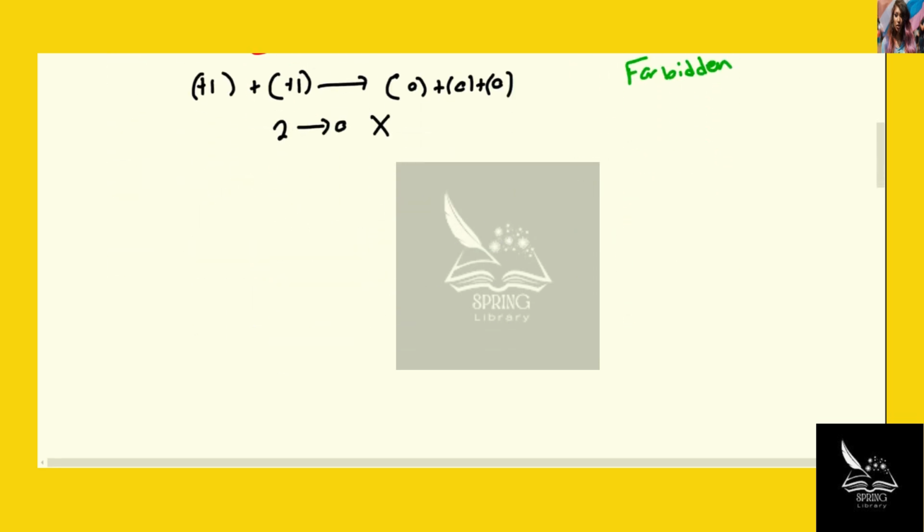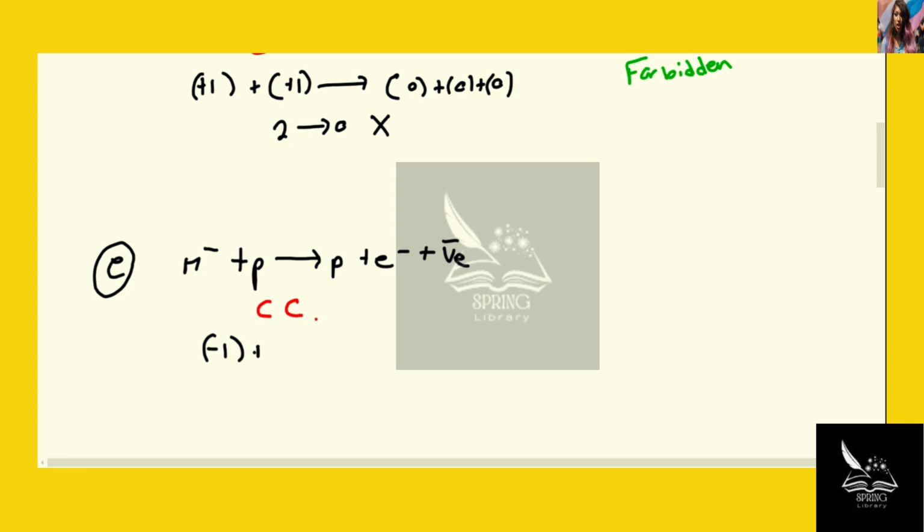Now for the last one, which is E. We have pion plus proton going to a proton plus the electron plus the electron neutrino. Now we can do conserved charge.